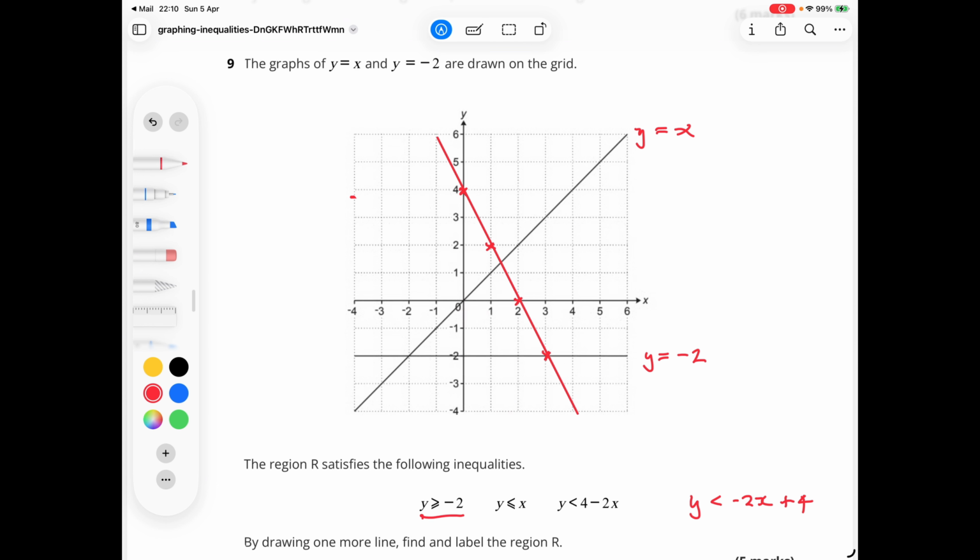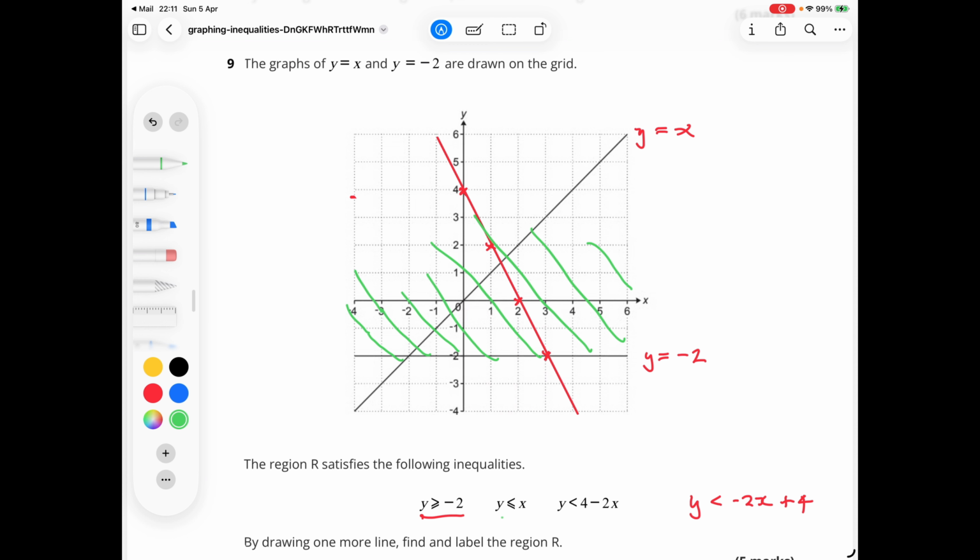So in the case y is greater than or equal to minus 2, which means that y is bigger than minus 2. Oh, so it's all of this area here. I think we know which one it's going to be, so that's all there.